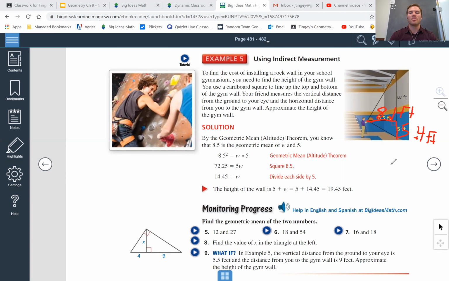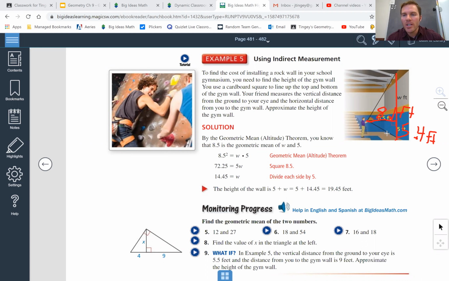Approximate the height of the gym wall. So now we're trying, let me move this picture here, we are going from the floor all the way to the top of the wall, to the ceiling.